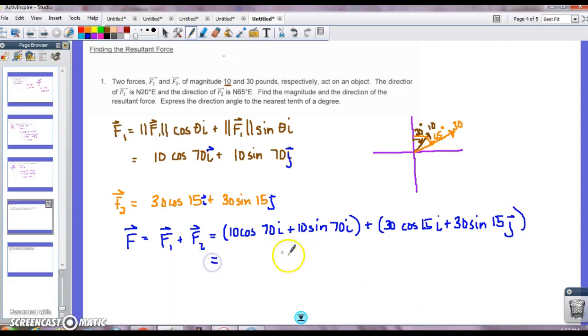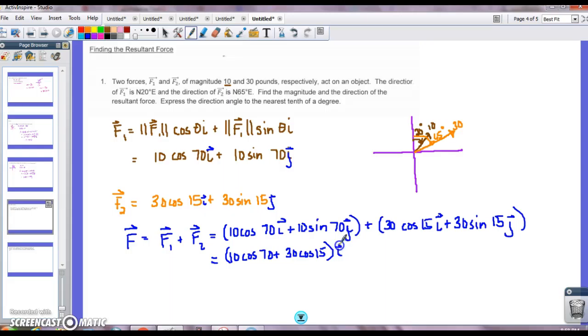Okay, so now I can combine my i terms, and then I can combine my j terms. What I can do is this: 10 cosine 70 plus 30 cosine 15. Those are both my i terms.